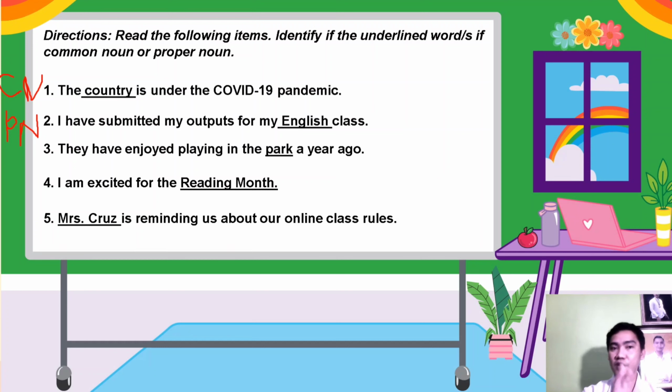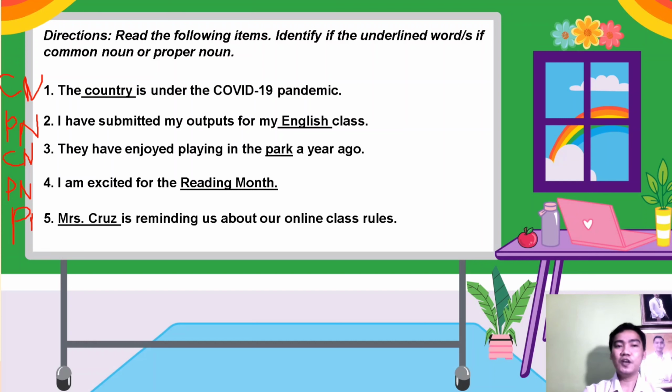Then number 3, we have the word park. Alright, so this is a common noun. What about number 4? Reading month. Okay, so this is a proper noun. And number 5, we have Mrs. Cruz. So that is a proper noun.